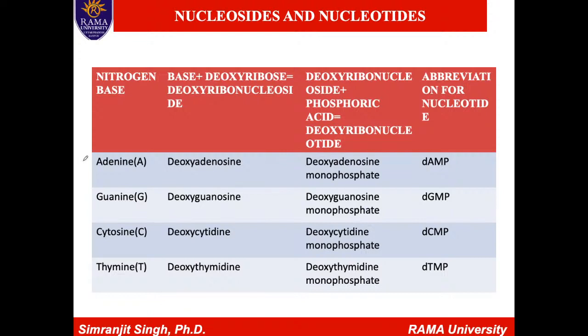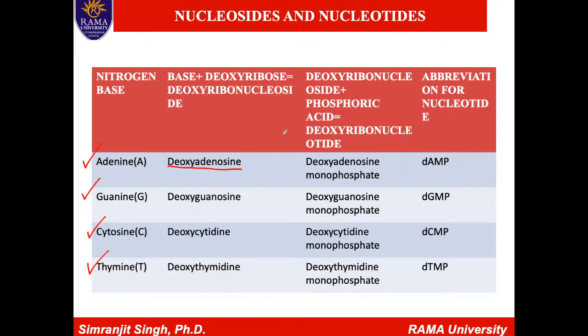So we have given this nice table: adenine, guanine, cytosine and thymine. If the base is adenine, and you have a deoxyribose sugar, the nucleoside will be called deoxyadenosine. That is a deoxyribonucleoside.